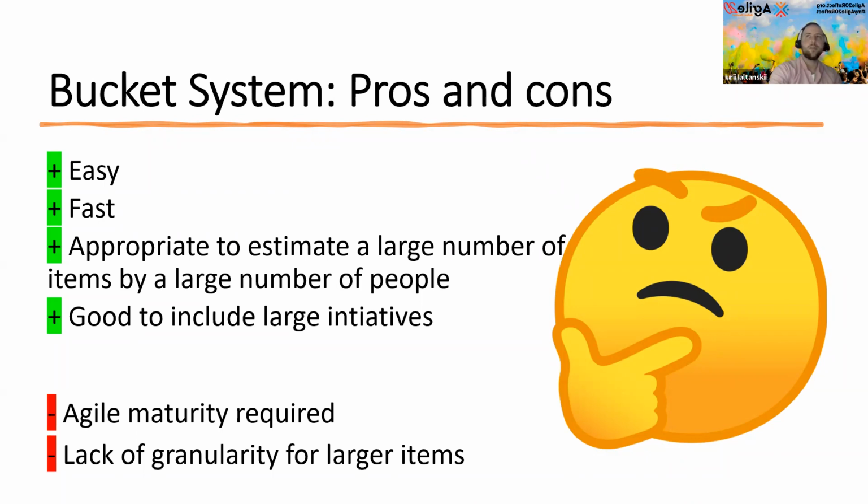Let's say if we're talking about a hotel management application or web application, like the complete cancel registration process, right? So this is a large initiative because it's a large flow, which should be broken down into small pieces of work, because it's virtually impossible to deliver it during one sprint.